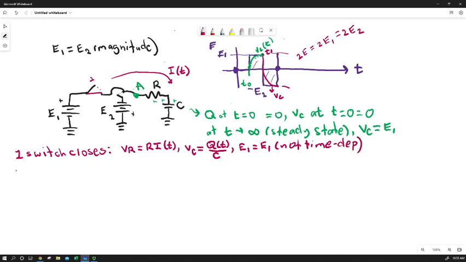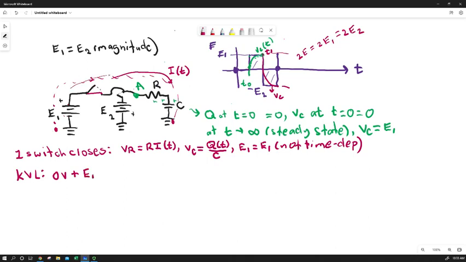Okay, so let's apply KVL, Kirchhoff's voltage law, between here and here. So we go from ground at 0 volts. We're going to go up in voltage because we're going from negative to positive through this voltage source, an amount equal to E1.